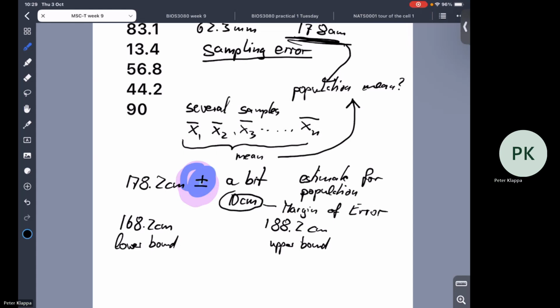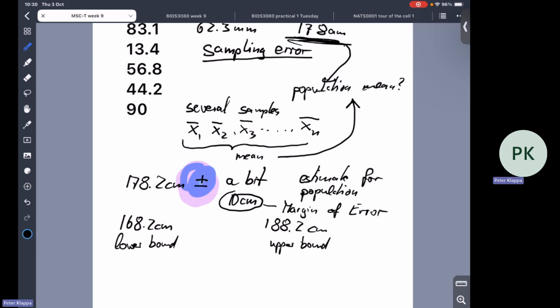Actually, in my case here, I just made up a number. I just as well could have said maybe it's only 5 centimeters, maybe it's 20 centimeters that I have as the margin of error. And of course, if it was 20 centimeters, I would have to make this range larger.